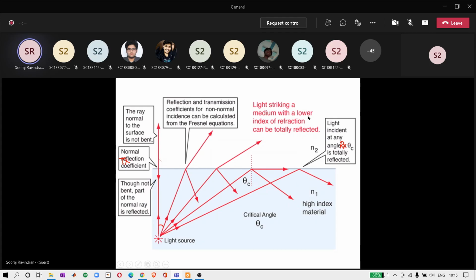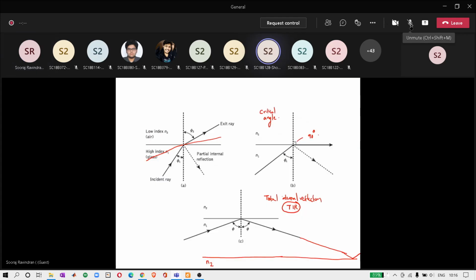All right, any questions? Sir, in the previous slide, for the third case, the intensity of the reflected ray will be greater than in the A and B cases, right?